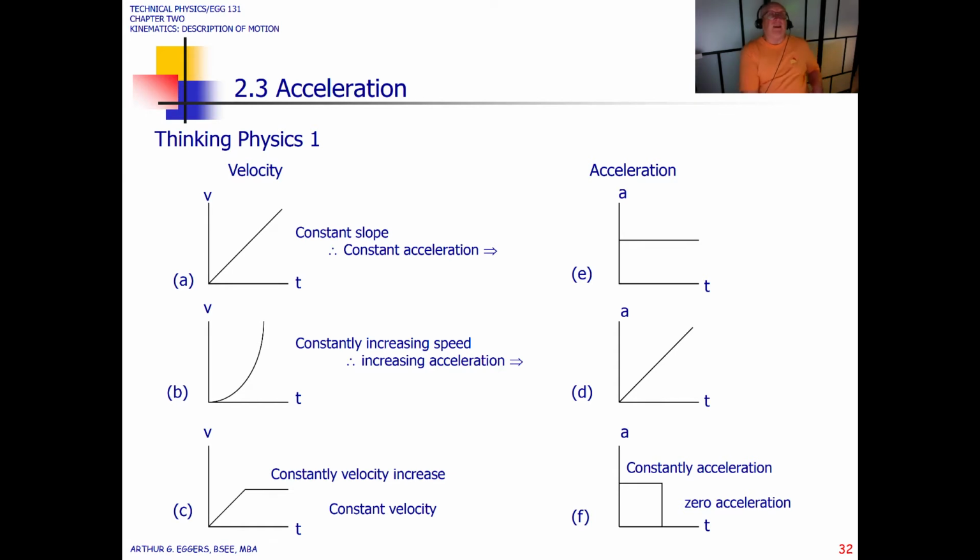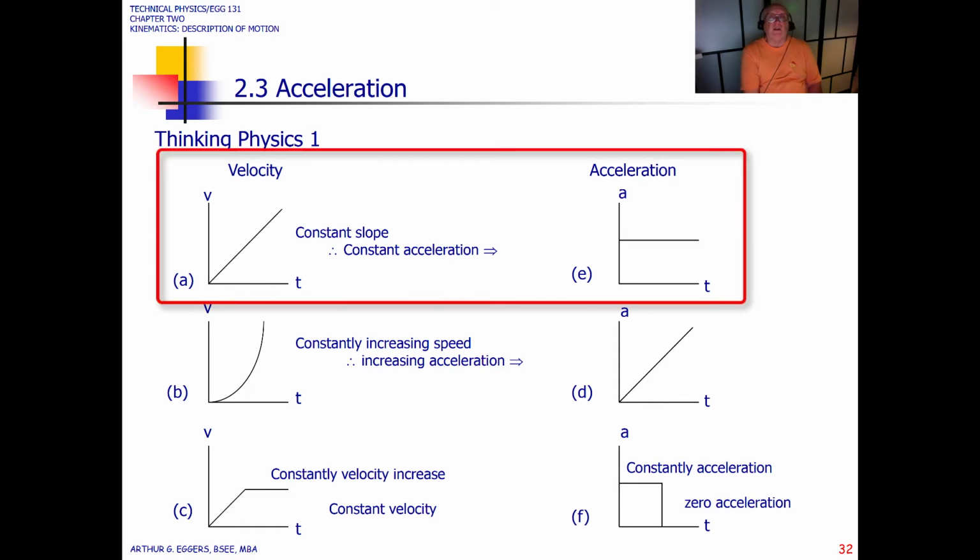So graphically, let's take a look at how we look at graphical representations and are able to tell what we're looking at. Again, determining what we have set for the labels on our axes is going to tell us what our graphical plot is describing to us. So in A, where we have velocity on the vertical axis and time on the horizontal axis, and we have this constant growth in the numbers, you can see that we have a constant slope.